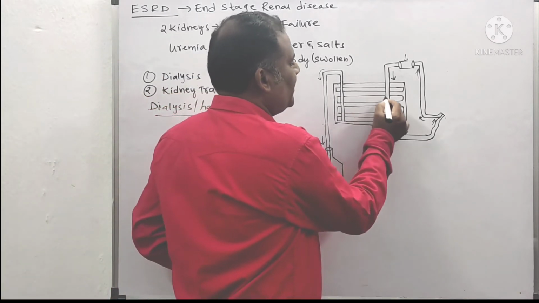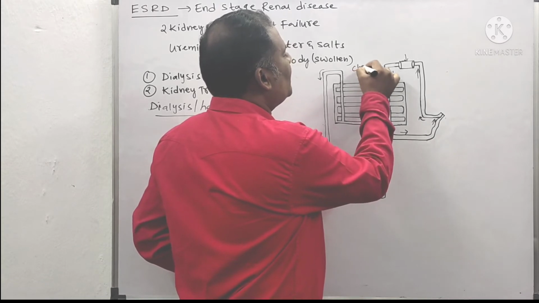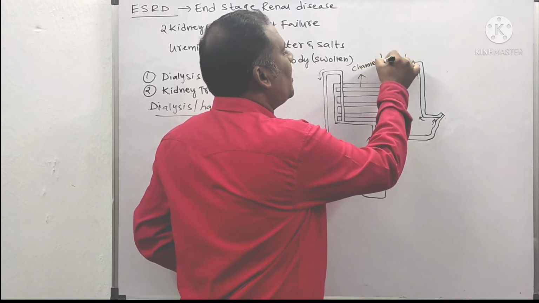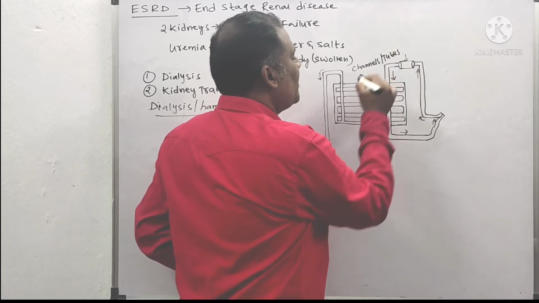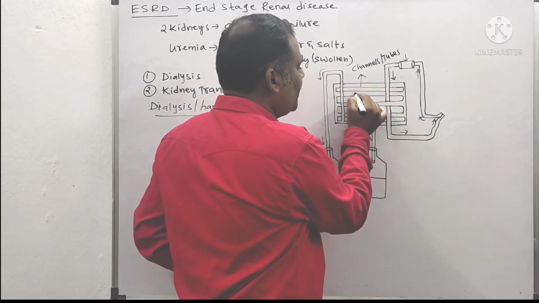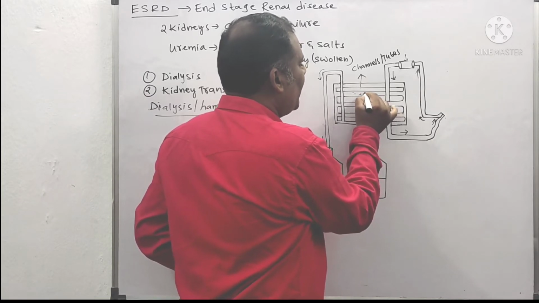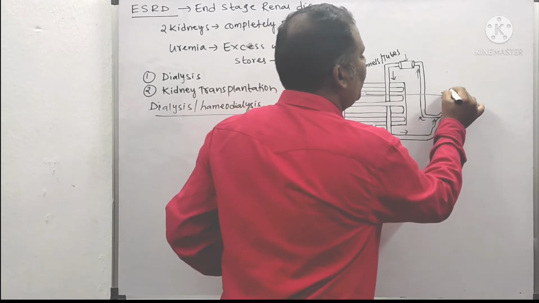In the dialyzer, you see these tube-like structures. These tube-like structures are called channels or tubes, whereas the liquid is present between these tubes. Between this tube and this tube there will be a liquid, and this liquid is called the dialysing fluid.